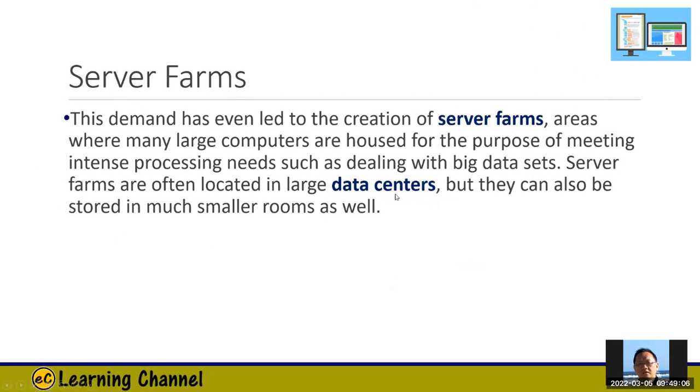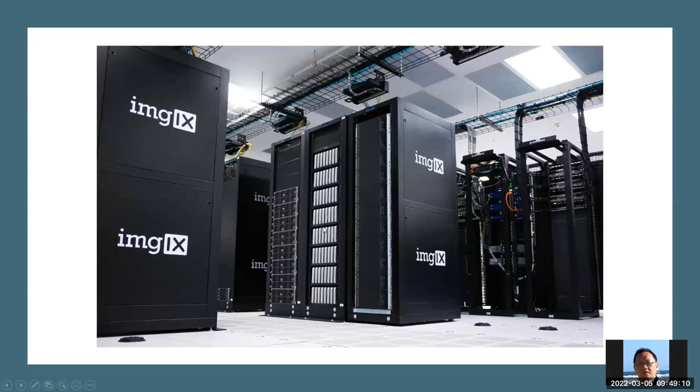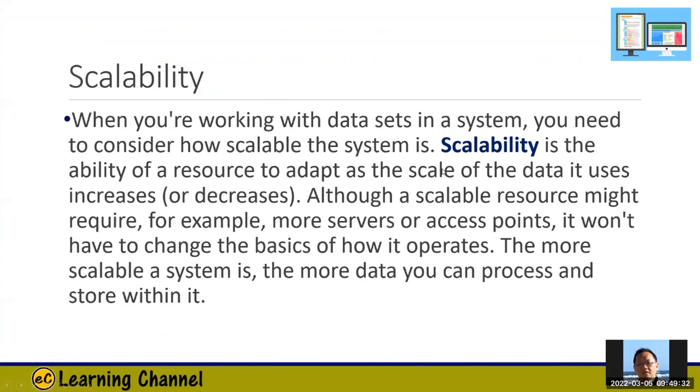Server farm is like this: you have a brain computer. You build a data center with a lot of brain computers, each brain being one computer, to provide enough high performance computing.